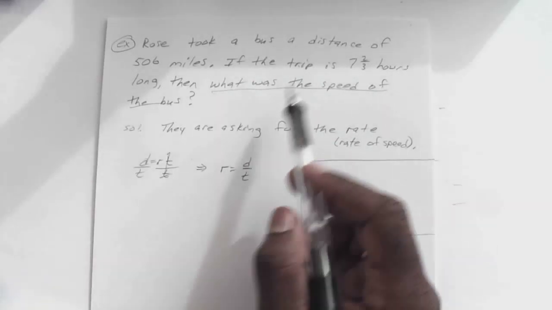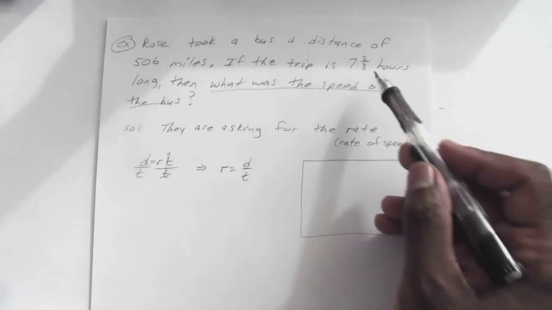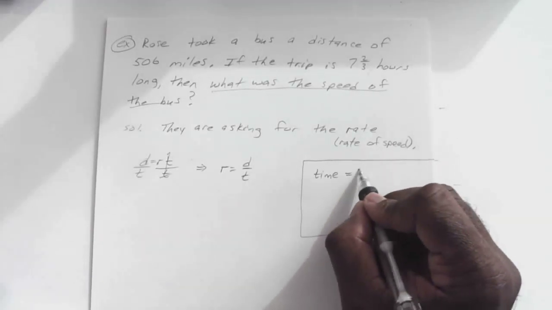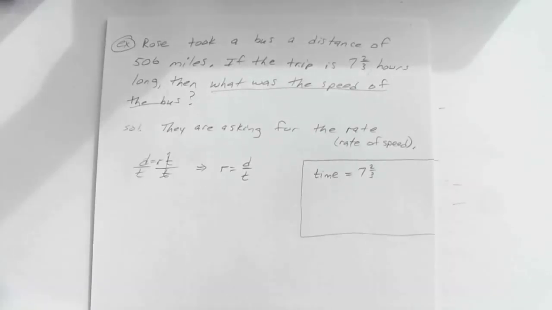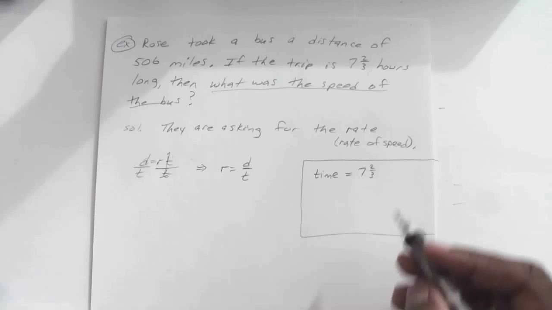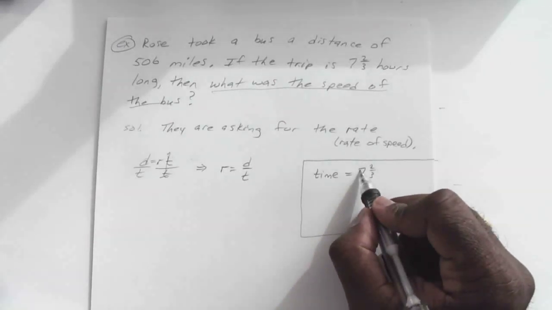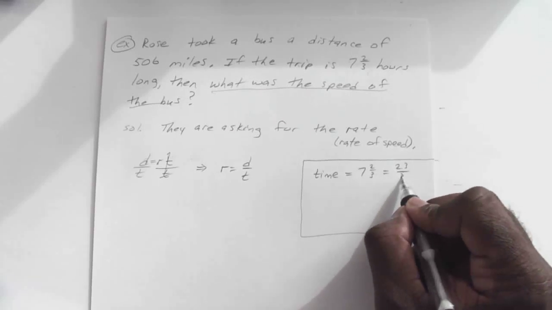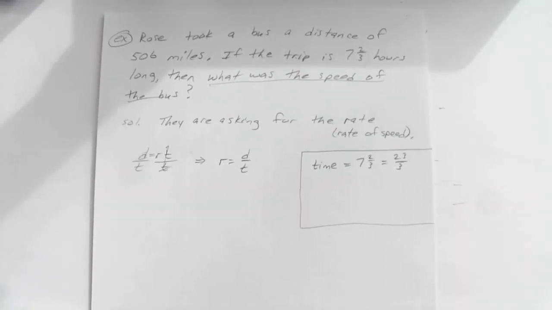Okay, so we know that just from what they gave us, if it took 7 2/3 hours, then that's our time. And again, we want to convert that to an improper fraction. 3 times 7 is 21, plus 2 is 23, so we have 23 over 3. Okay.